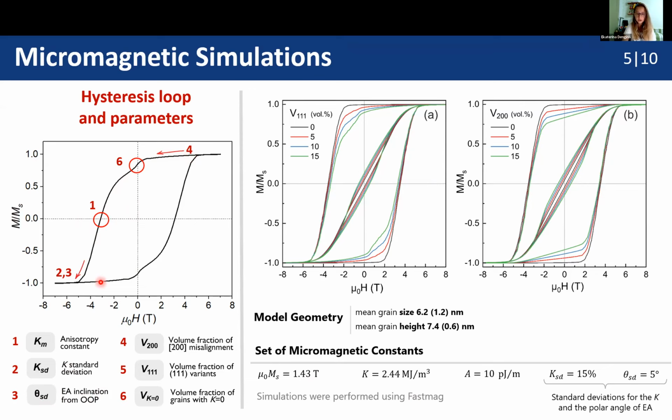Volume fraction of disordered grains with zero magnetic anisotropy constant produces such a kink near 0 Tesla field. And here on the right side of the slide, you can see the direct influence of some defects, some examples of how the presence of such defects influences the hysteresis loops. It means that by investigating the form of the hysteresis loop, we can determine some important parameters of iron-platinum granular films. And this is what we have done in our work.